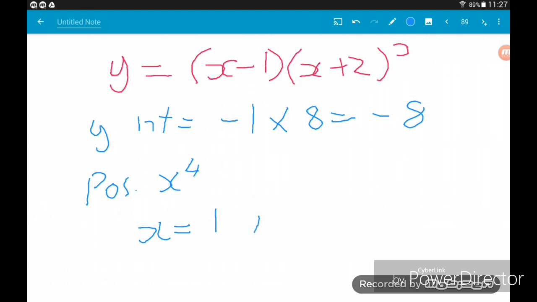X plus 2 cubed gives us x equals minus 2. So we have all the information that we need to sketch this graph. We just need to think about what's going to happen at x equals minus 2.